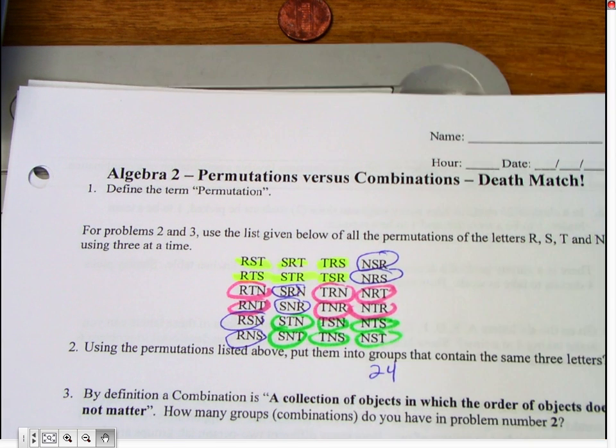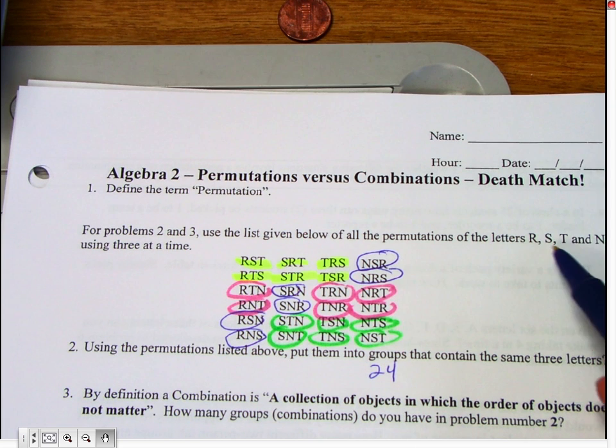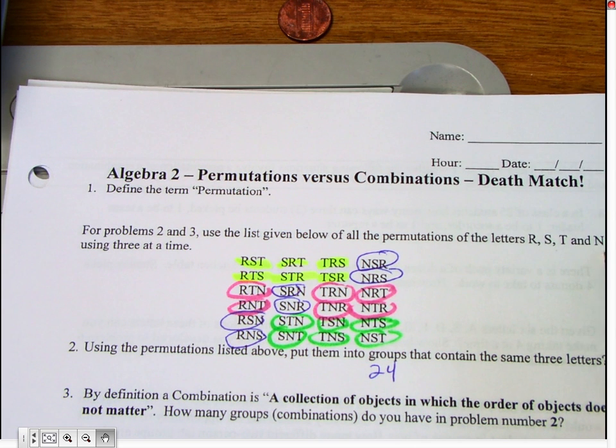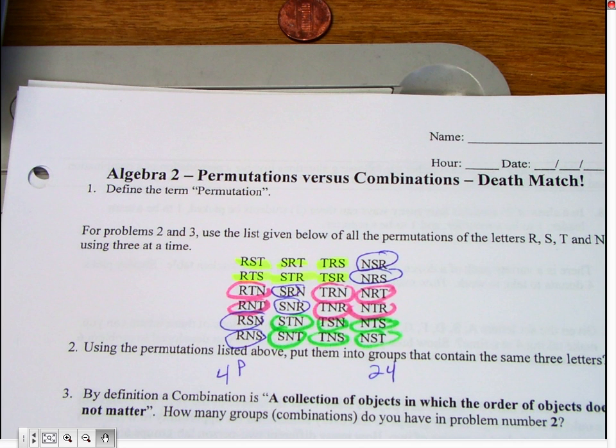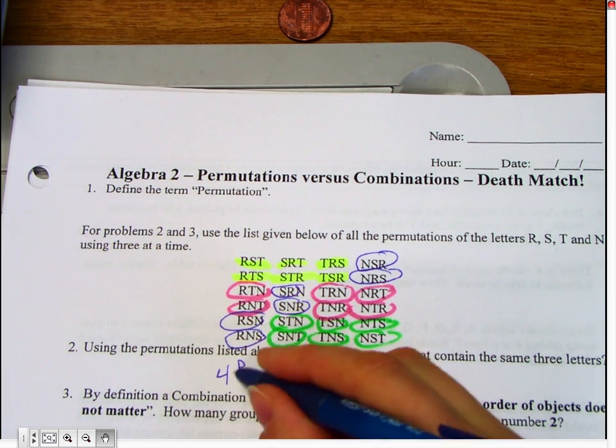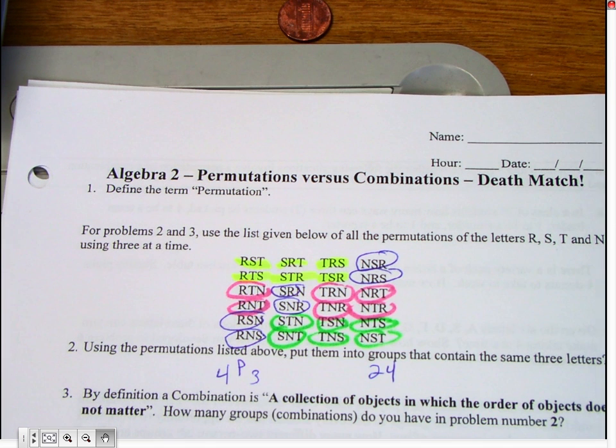We can also write this as how many different letters can we use? R, S, T, and N. So there are 4 things, but we can only put them in groups of 3. 4 permutation 3. 4 groups, but they can only be in sets of 3.